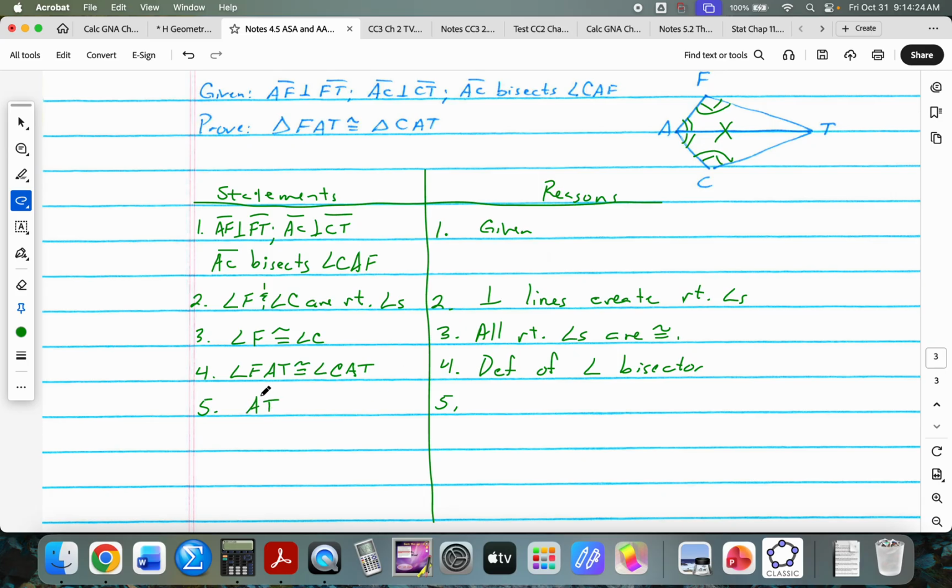So segment AT is congruent to, you can turn it around like you were doing if you want to, or you can just say AT is congruent to segment AT. What's the reason for that? Yeah, the reflexive property.